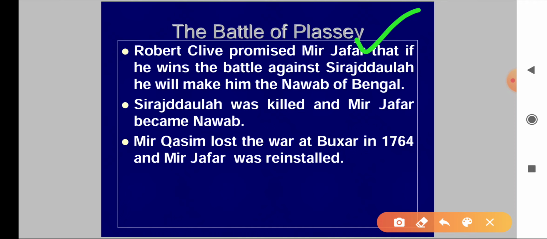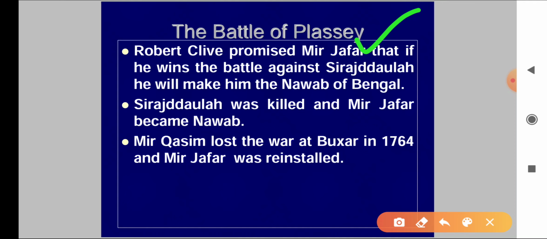Mir Jafar gave abundant money and many areas to Robert Clive, which was a turning point, as I told you, that the company got power in the Bengal region, and the Nawab became a puppet king in the hands of the Britishers.